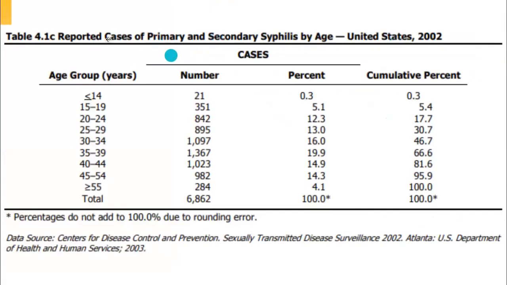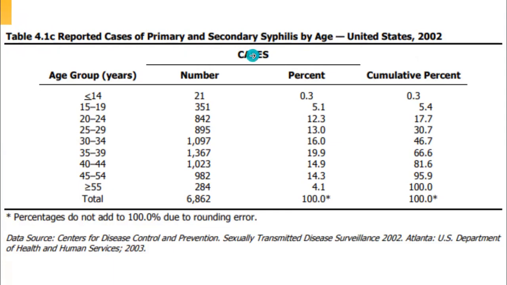We have the title correctly identified, and we also have the number of the table. Take note, the table must have a number. So table 1, table 2. Reported cases of primary and secondary syphilis by age in the United States in the year 2000.